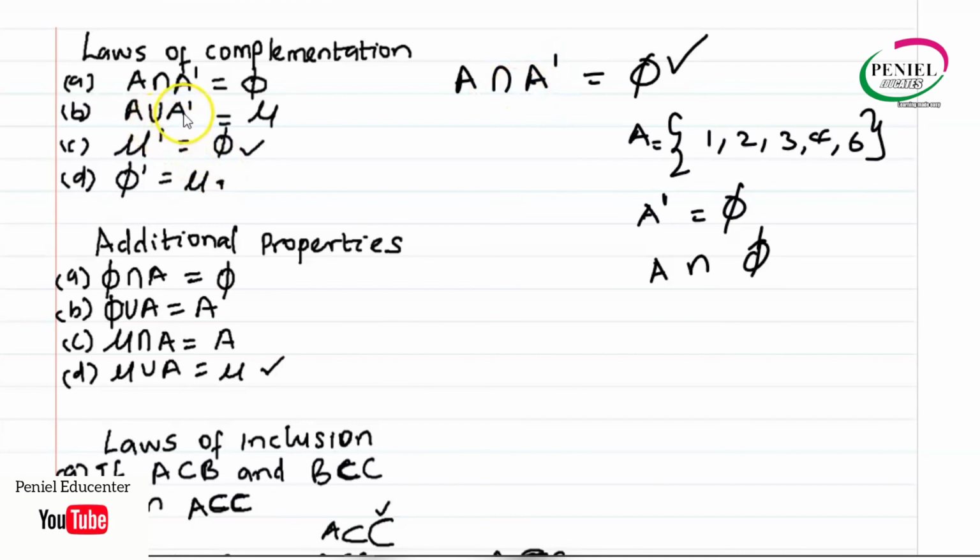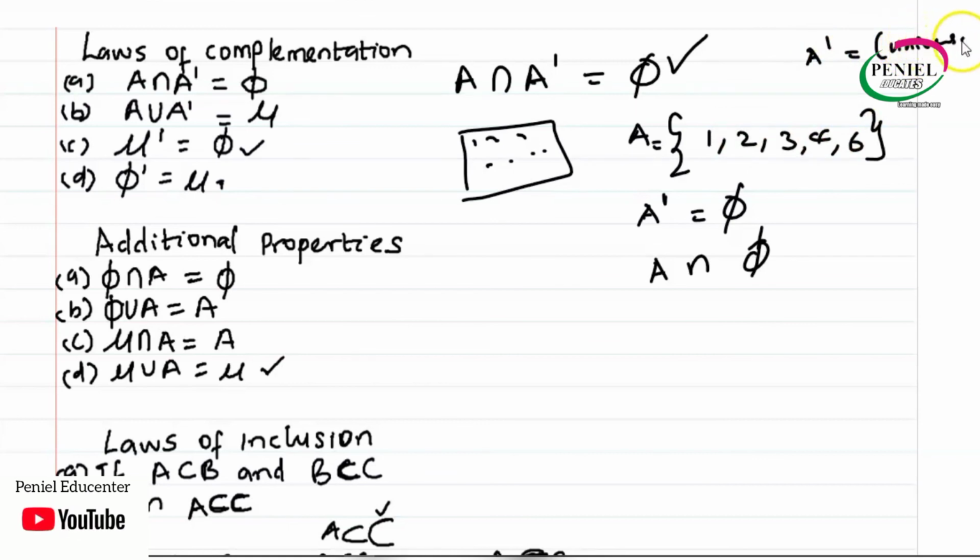So A union A complement is a universal set. Right. So if you have a universal set of all integers 1, 2, 3, 4, 5, 7, and this is your A. All right. So A complement here will be other things that are not here, which is the things that are in the universal set.